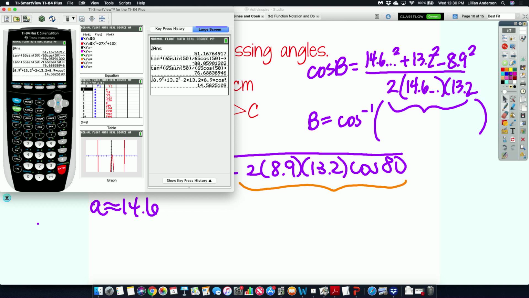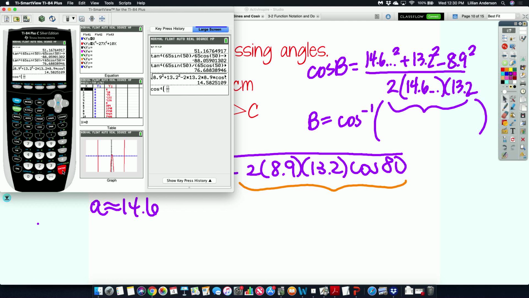You can do it individually. But I'm going to do the cosine inverse of that entire fraction: my previous answer, squared, plus 13.2 squared, minus 8.9 squared, all over 2 times my answer, times 13.2.